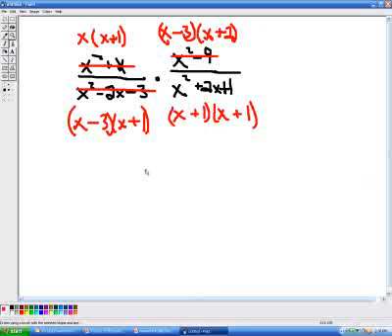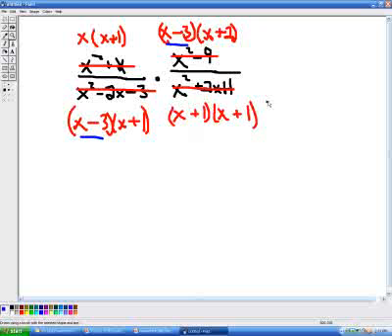Alright, here we go. We've factored the numerators, we've factored the denominators, and now we cancel common factors. Well, what's common here? We have an x minus 3 over here, and we have an x minus 3 over here. Does it matter that they're coming from different fractions? Absolutely not.